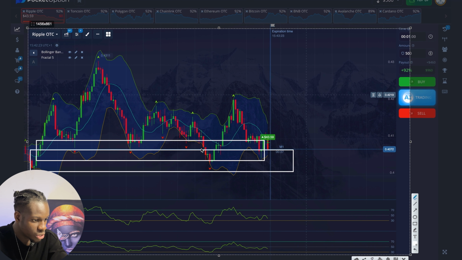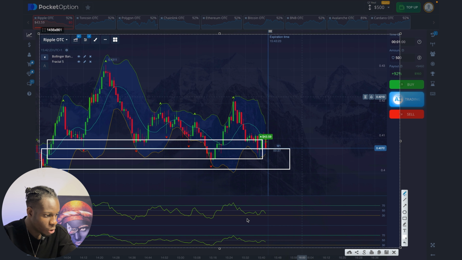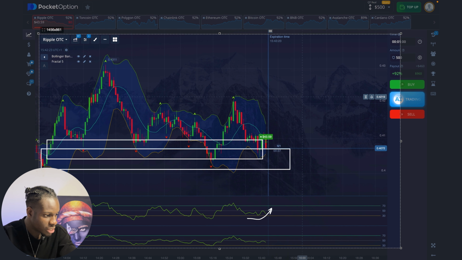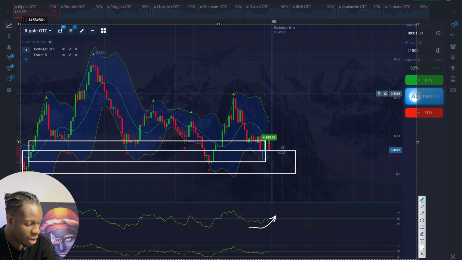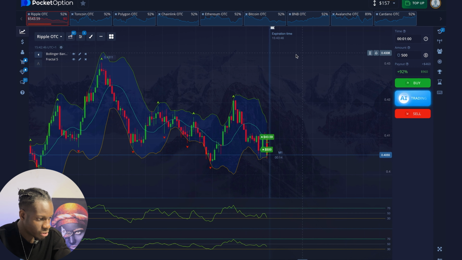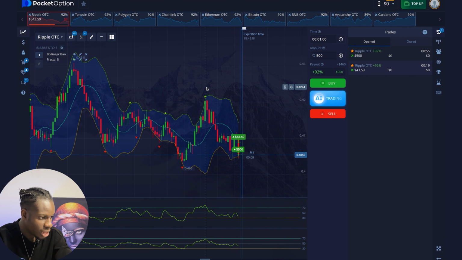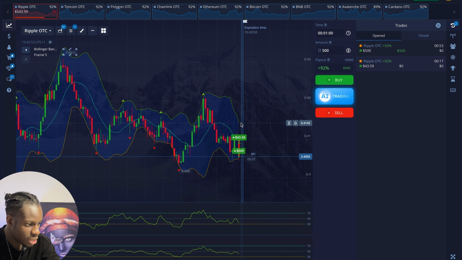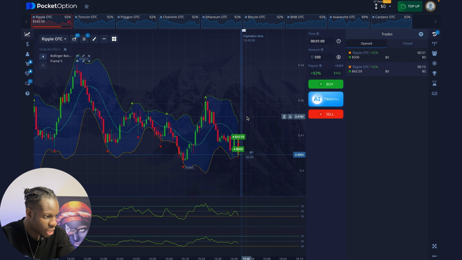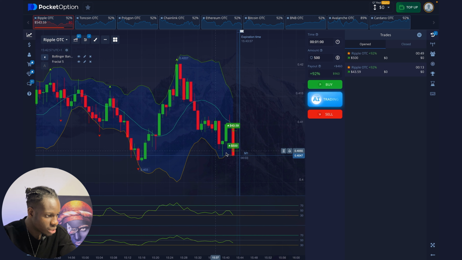And also the oscillator is indicating a reversal from the oversold area, which is pushing me to take a buy trade here. Yeah, I just took another one because this is a very strong entry. I'm trying to catch the momentum. Let's see if the breakout we're looking for is going to occur.